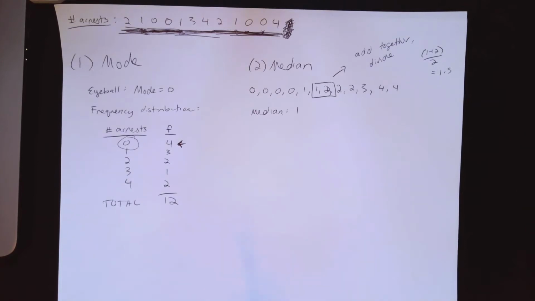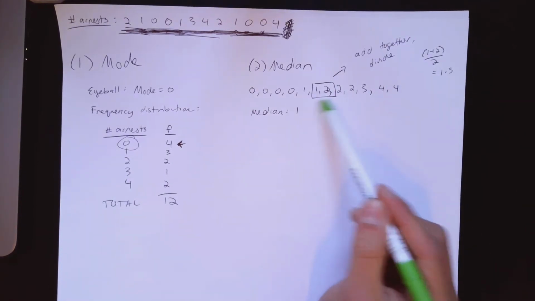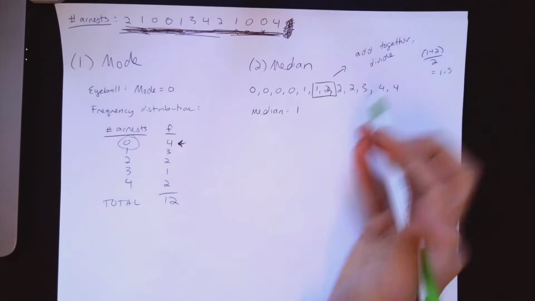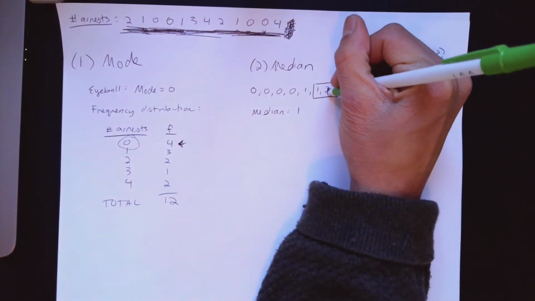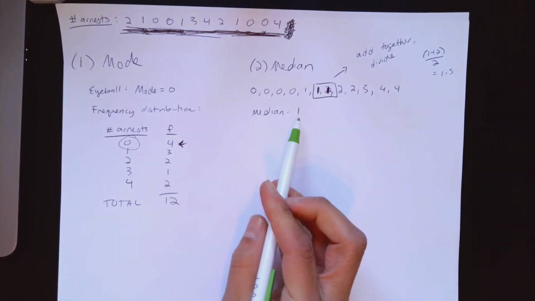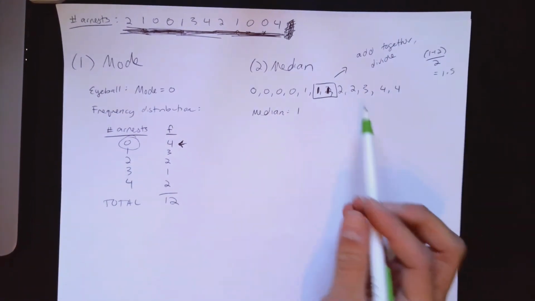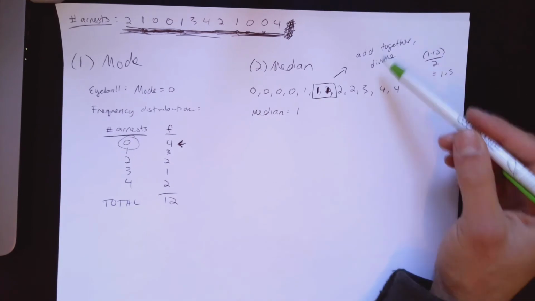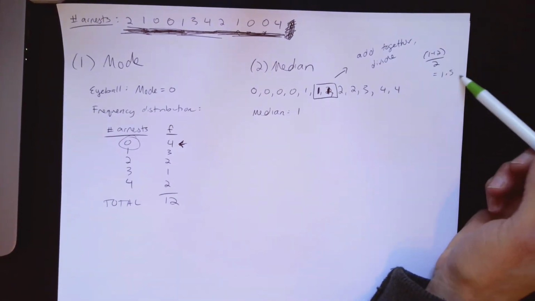So in general, what we're doing here is counting inwards until we find the middle. This middle value was actually a 1. So with 2 ones in the middle, we would say we have a median of 1. If they are different values, then you can add them together and divide by 2 to find the middle value.